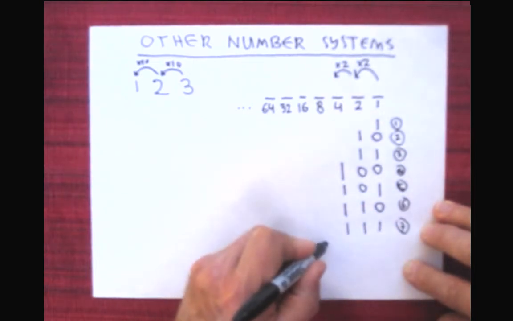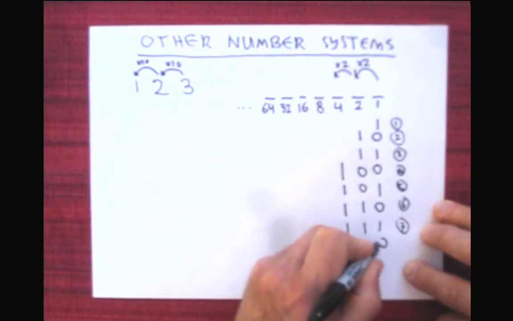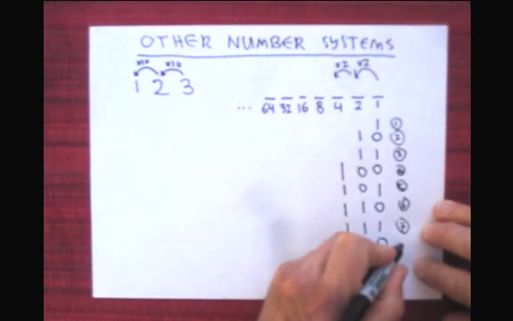And 8 goes over 1 place, and the important zeros are there. 1 0 0 0 is 8. And so on.